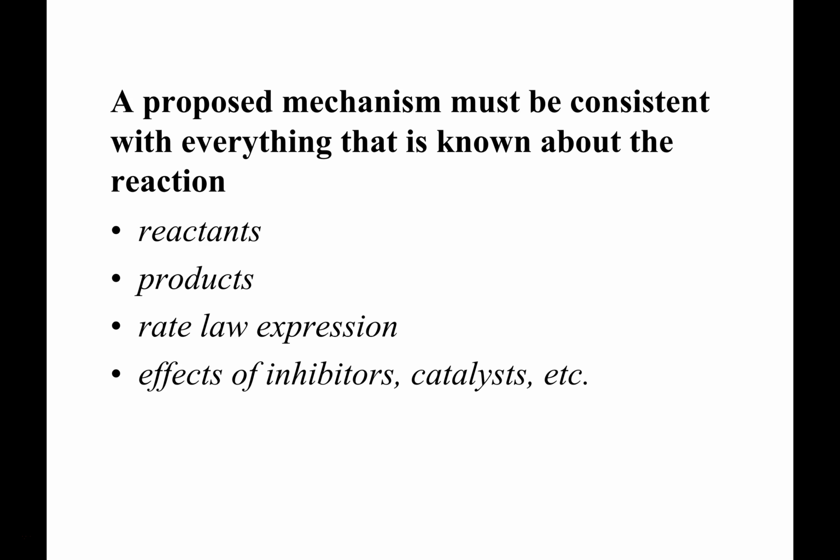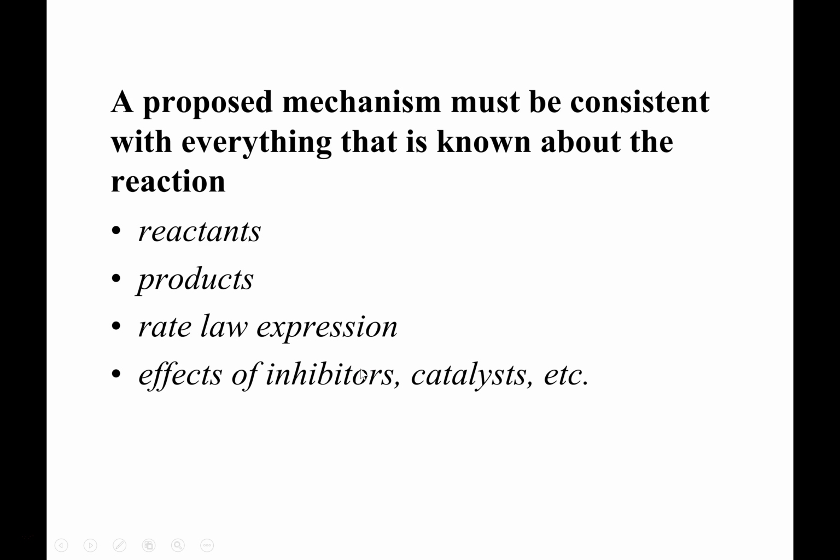Okay. So now we're adding to our understanding of your rate law expression. Rate is equal to k times the molar concentration of your reactants raised to the reaction order. So we propose a mechanism for this reaction, and the mechanism, the 5 steps or whatever, has to make sense.